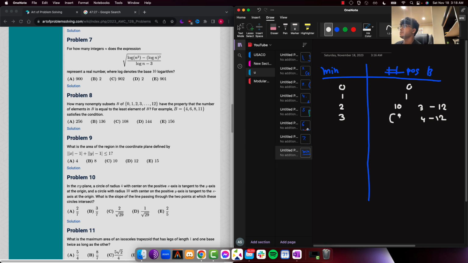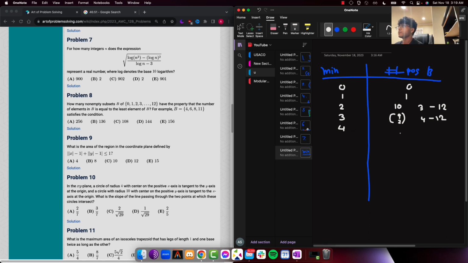This looks like it might be some sort of combinatorial identity, right? Because we can write 10 as 10 choose 1, and we can write 1 as 11 choose 0, and 0 doesn't matter. I don't know what the combinatorial identity would be though, because when you look at the top number in the binomial coefficient, it's decreasing, but the bottom one's increasing. So I'm not really sure. I'll just bash it out, I guess, for now.